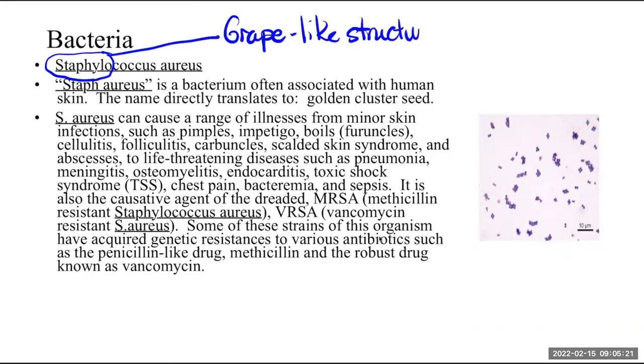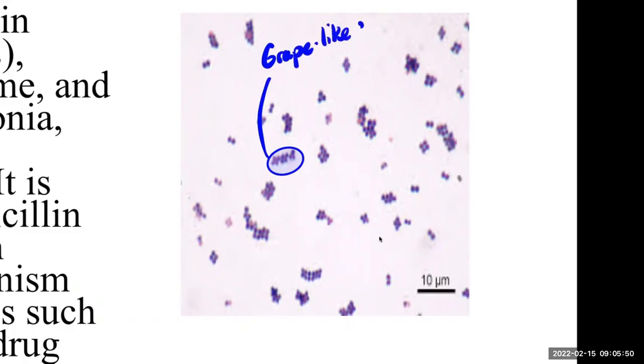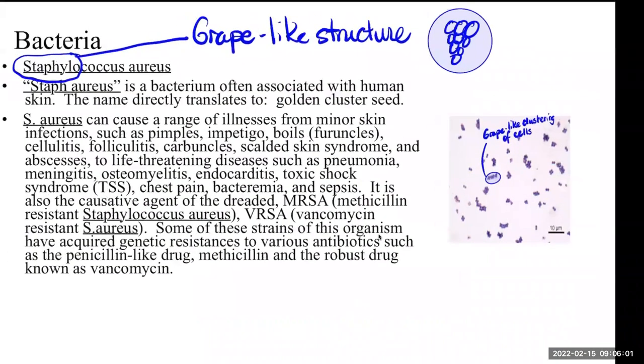That's because we often find these particular cells hanging as if they were grapes on a vine. You have this congregation of the cells. When you take a look at these cells, they cluster. So this is this grape-like clustering of cells. And that's why they're referred to as Staphylococcus, coccus, because they are spheres.